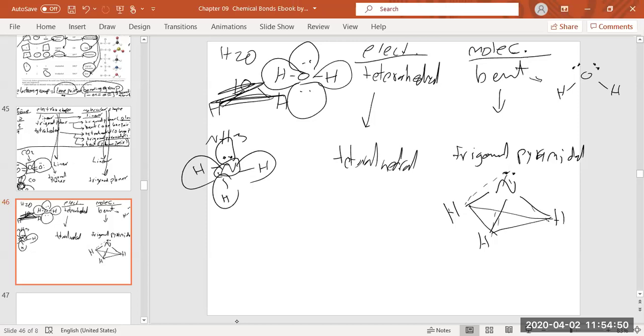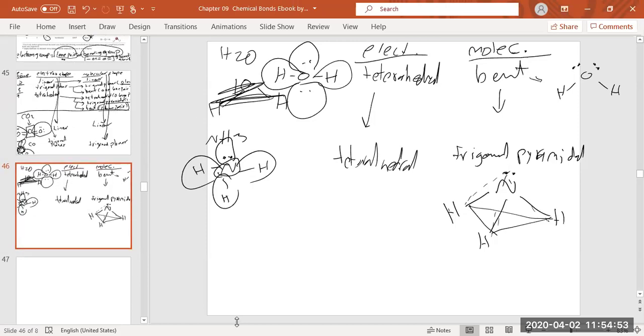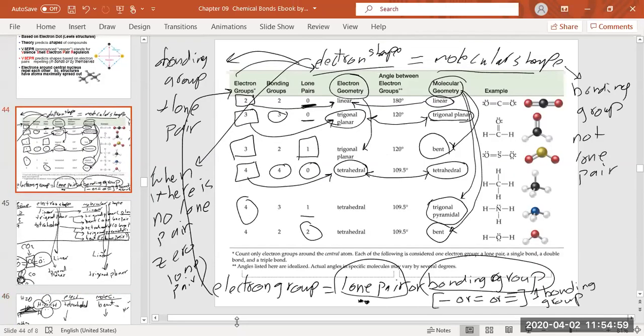So that's how you decide the shape of the molecule. As I said, this table is very important. You have to be familiar with how to use it and practice with it to predict the shape of the molecule easily.